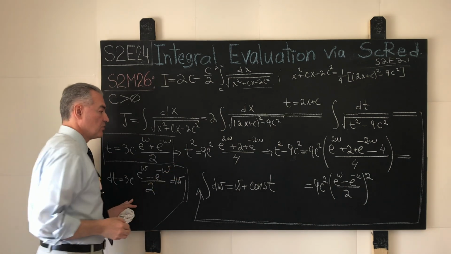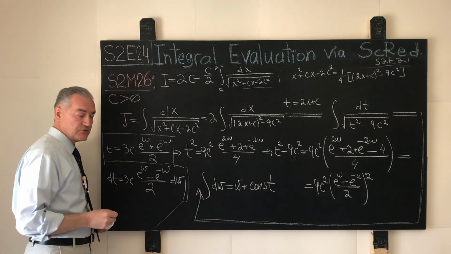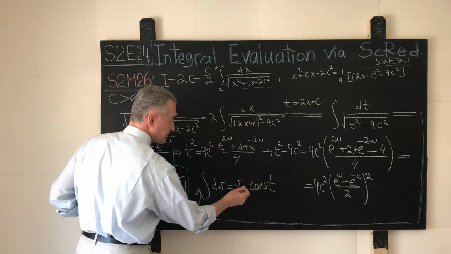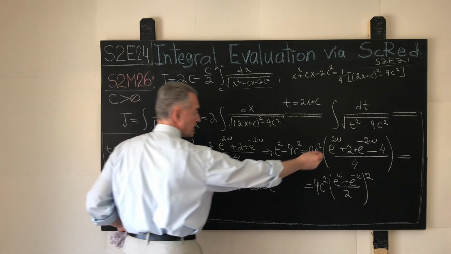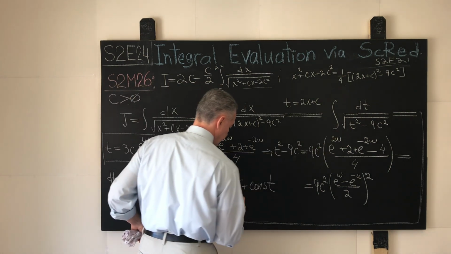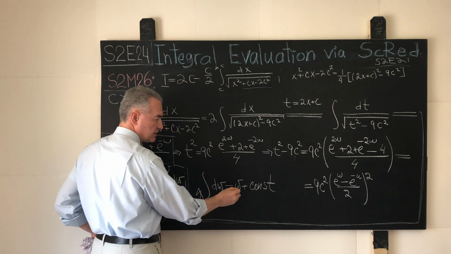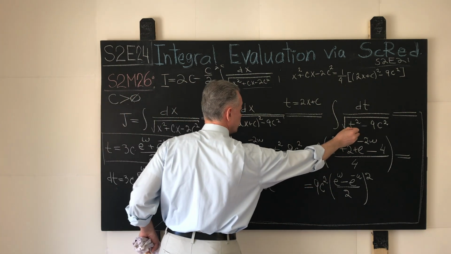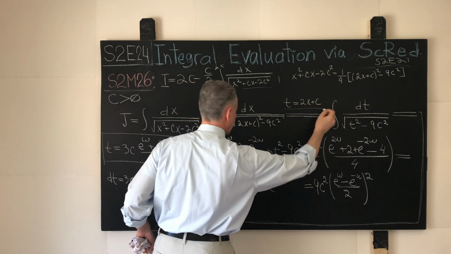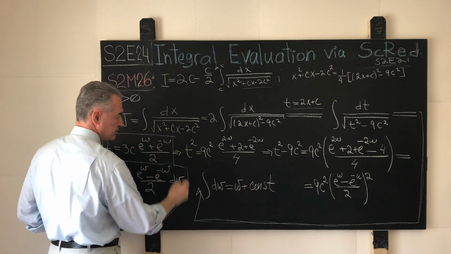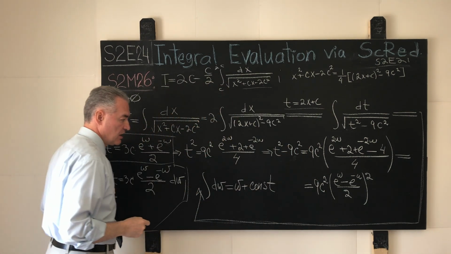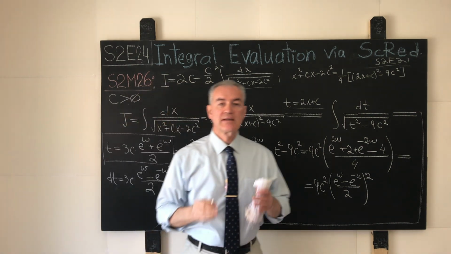I'll take a little bit of time to erase the board and prepare it for the next computation. But here, essentially, we are done. We just have to unwind the series of substitutions, w into t and t into x, via this and this, apply the boundaries of integration, and we are pretty much done.